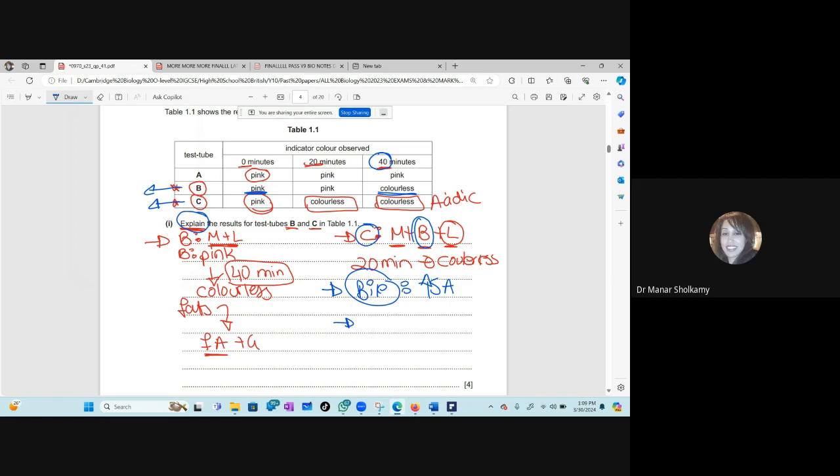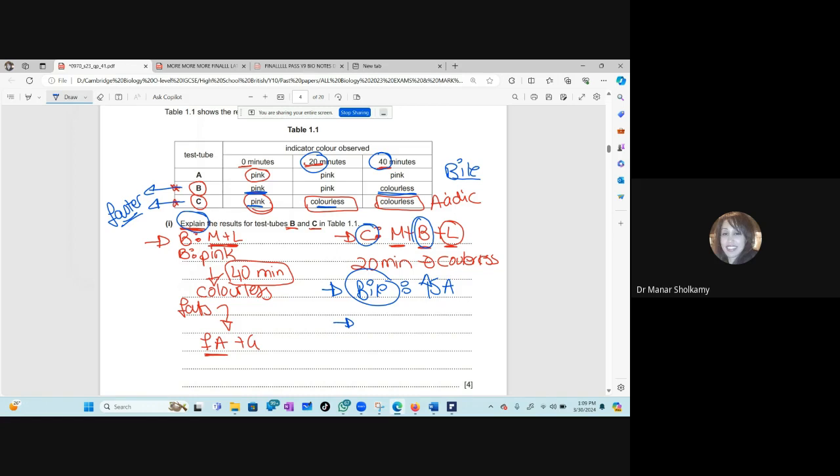In test tube C, it will change from pink to colorless in 20 minutes, in half the time. So in test tube C, the reaction was faster. Why? Because I have bile added to test tube C, and bile will do emulsification, and describe it, and bile will increase the surface area that will help the enzyme lipase to work.